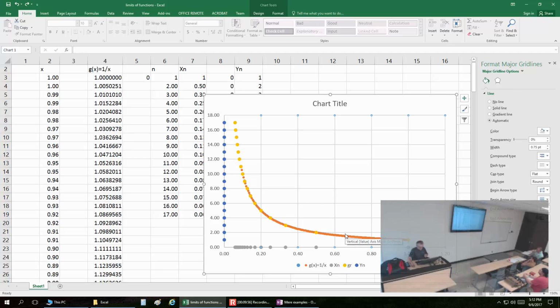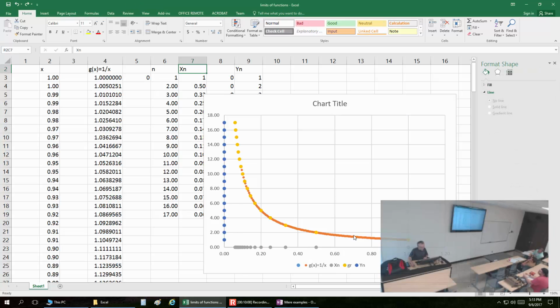So the orange one is the graph of the function itself, so we just know where stuff is going on. Then we have gray points on the x-axis. These are xn, 1 over n, that's reciprocal. Using the graph, remember how we compute values of functions. When x is given, we find the counterpart going vertically, like this. If this is x, then this is a point on the graph that we're going to use.